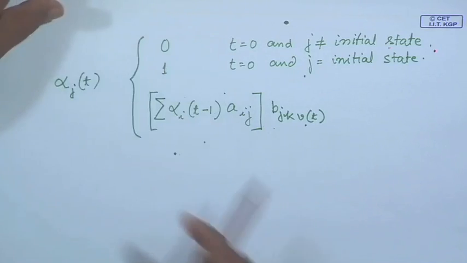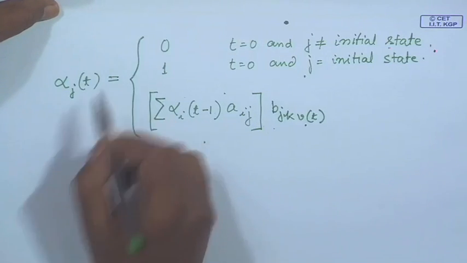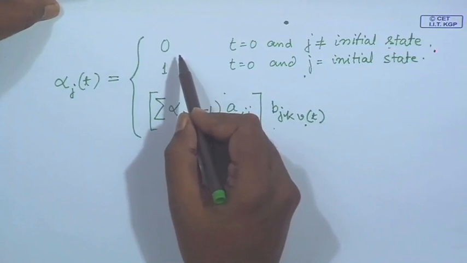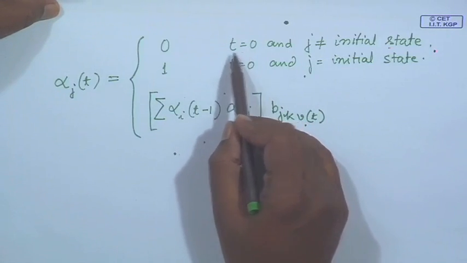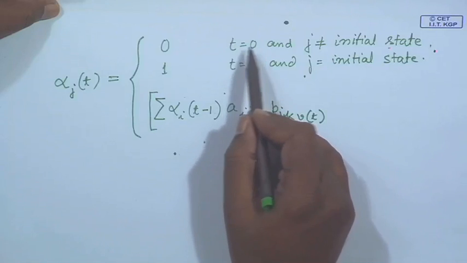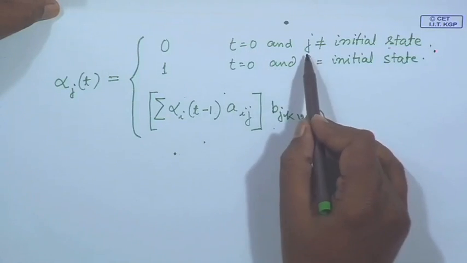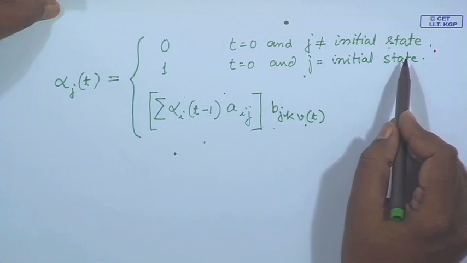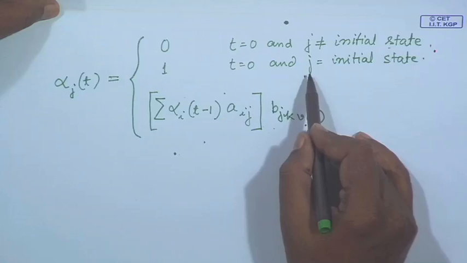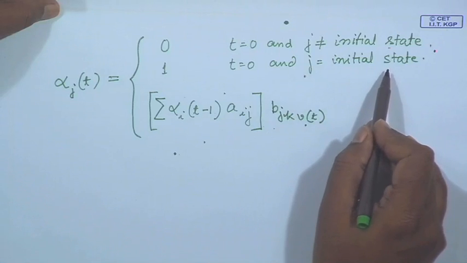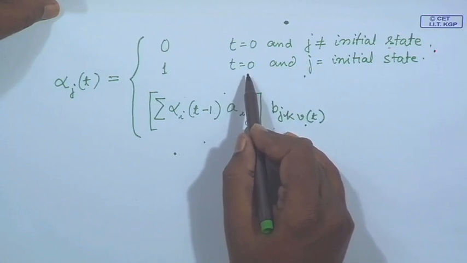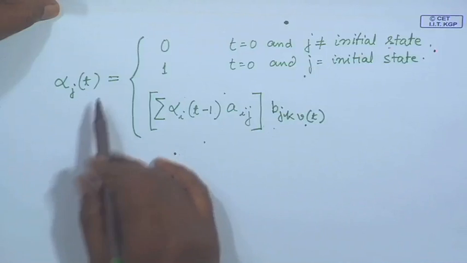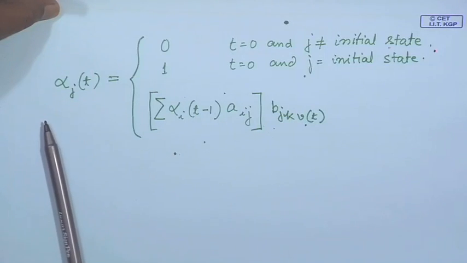So, for doing that, we have defined a term alpha j t, where we have said that alpha j t will be equal to 0 if the model is at time step t equal to 0 and j is not an initial state. Whereas, if we are in the initial state at time step t equal to 0, then alpha j t will be equal to 1.